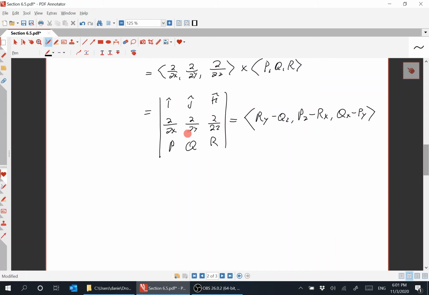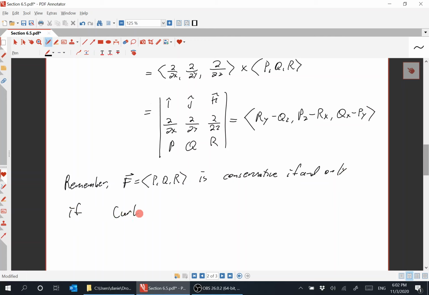Like that. Okay? And remember, a 3D vector field F equal to P, Q, R is conservative if and only if the curl of F is equal to 0, 0, 0.